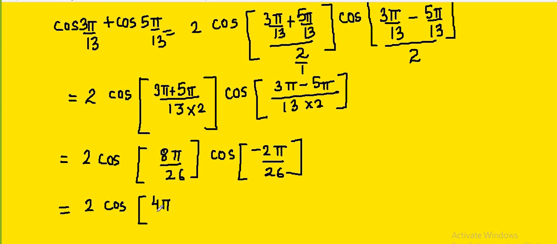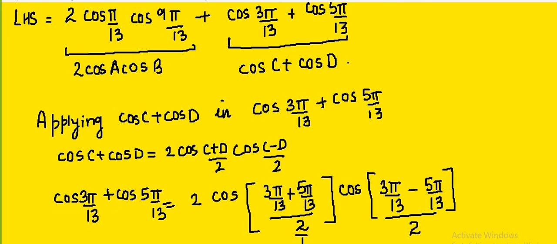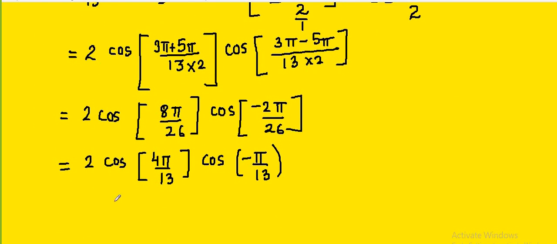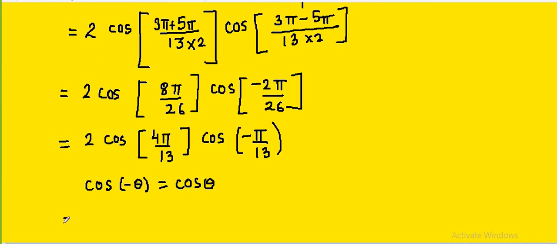So we have cos 4 pi by 13 and cos of minus pi by 13. Right? So cos of minus theta. What is cos of minus theta? It is always cos theta. So this becomes 2 cos 4 pi by 13 cos pi by 13.